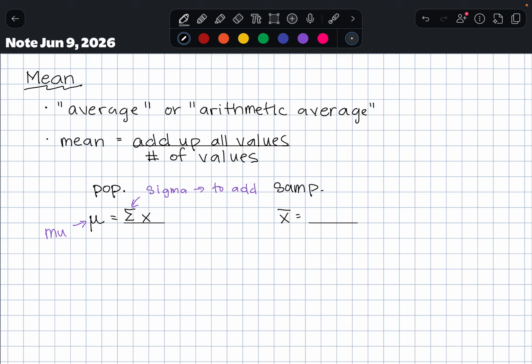I'm going to divide that sum by the number of data values in the data set. And since this is a population, that's capital N. Similar idea for our sample statistic, except now I have my sum of data values divided by my sample size. Same math. Symbols tell me whether I'm looking at a parameter or a statistic.